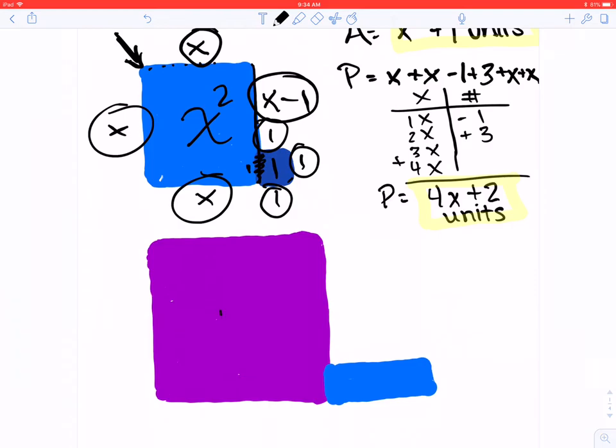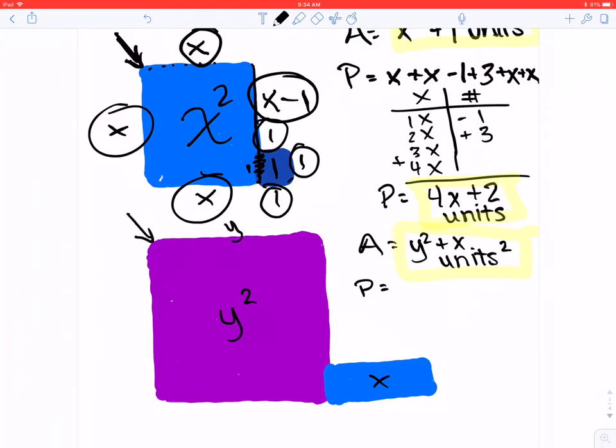Here I have a y squared tile, and then I have an x tile. So my area is y squared plus x units squared. But my perimeter needs a lot more. So, again, start at the top left corner.